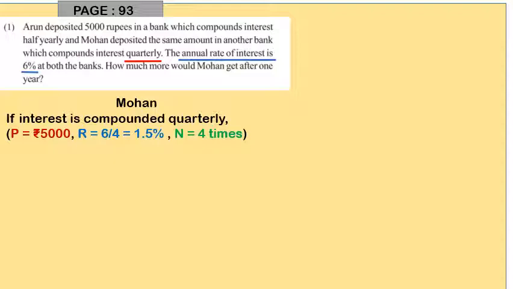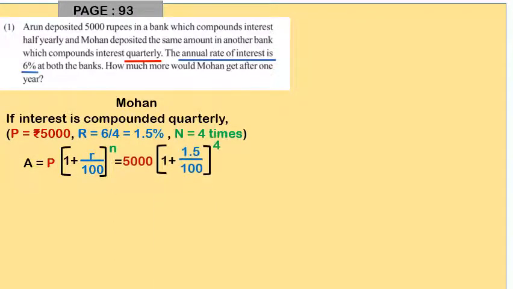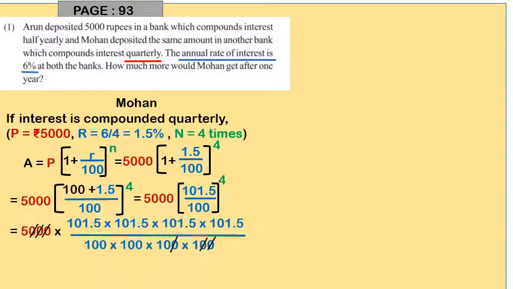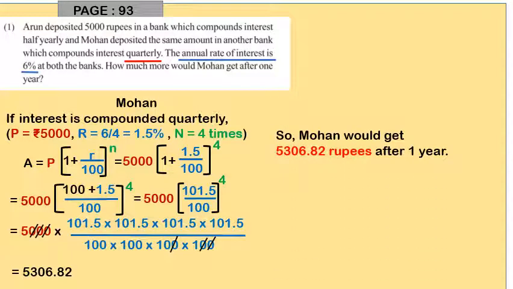Okay, then write the formula amount A equal to P into 1 plus R by 100 all raised to n. Then substitute, we get 5,000 into 1 plus 1.5 divided by 100 all raised to 4. Then simplify, we will get amount A equal to 5,306.82. So we can write, Mohan would get 5,306.82 rupees after 1 year.